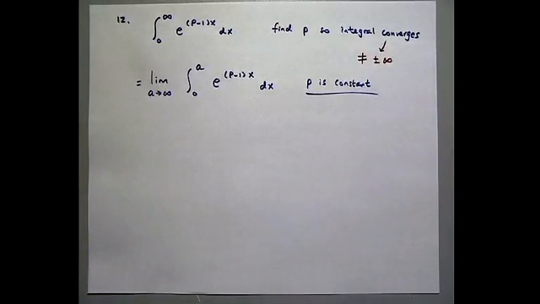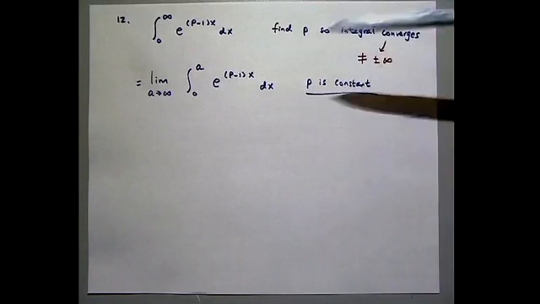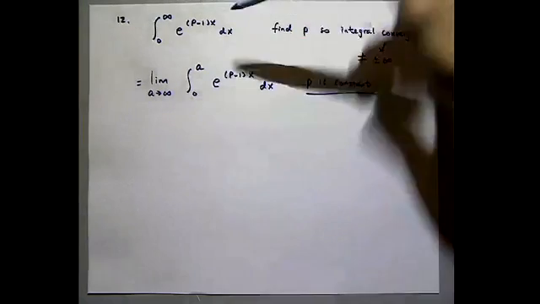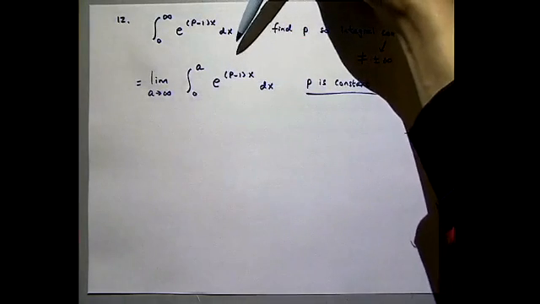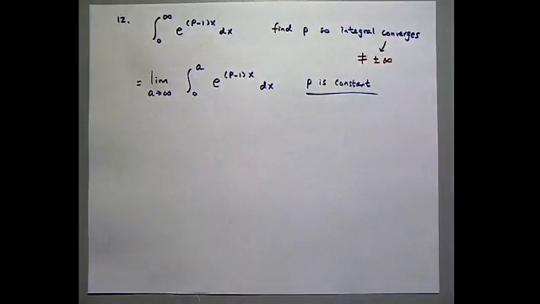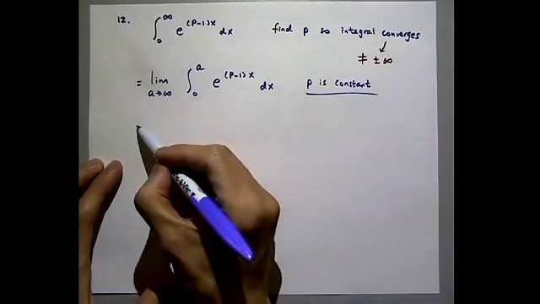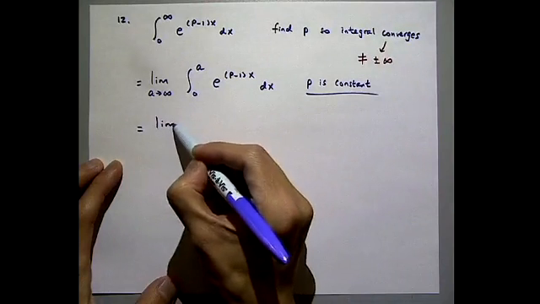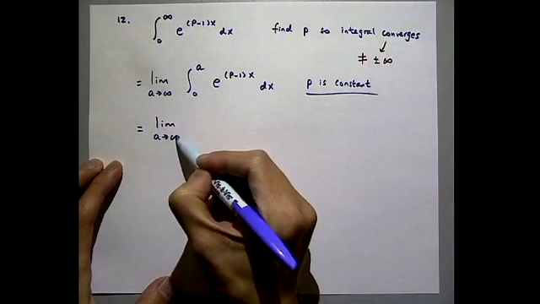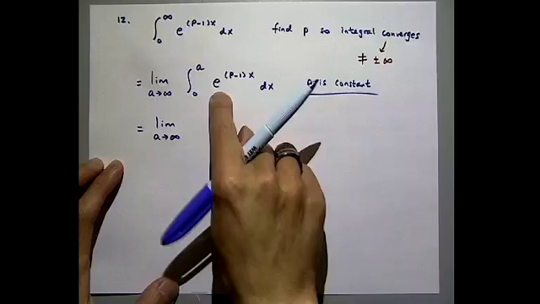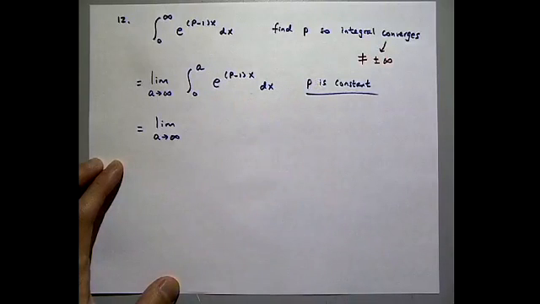As long as you remember p is a constant, the integration of e to a constant times x is something we can do. It's very easy to calculate. When you integrate e to the 2x, for example, you get e to the 2x over 2.